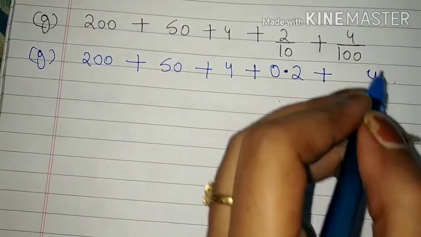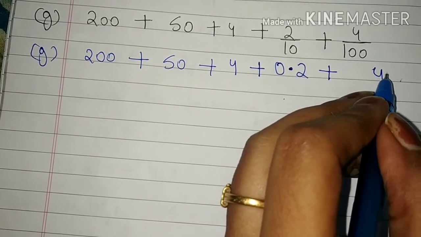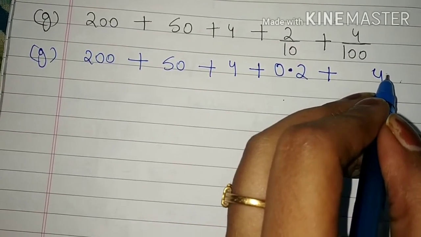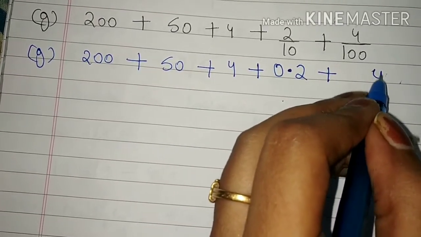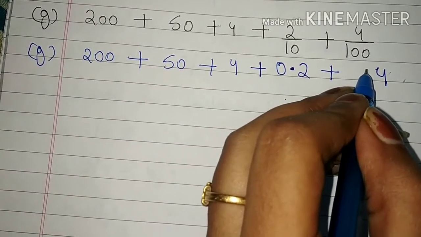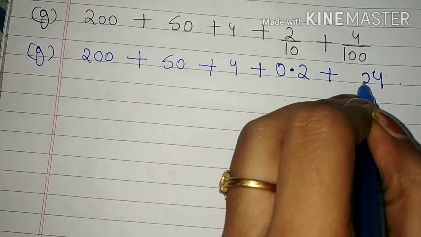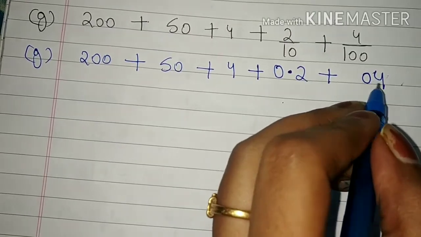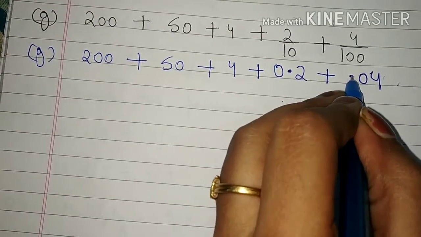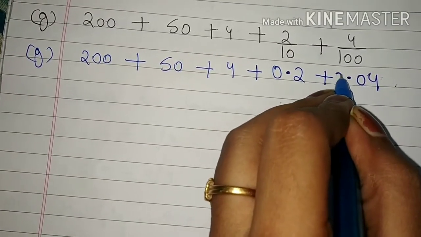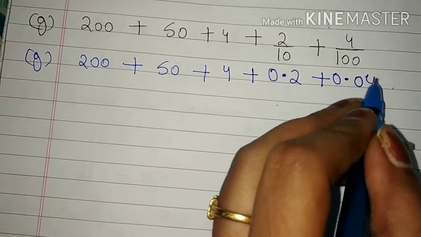So now we will come to the numerator, that is 4 here, and starting from the right side, we will leave 2 numbers. Students, you can see here the second number is not given, so we will write here 0. Now we will leave these 2 numbers and put a decimal point here, and after that we will write here 0. So students, this is 0.04.